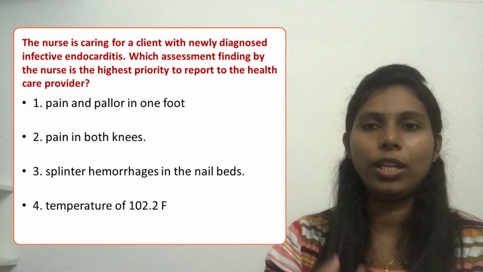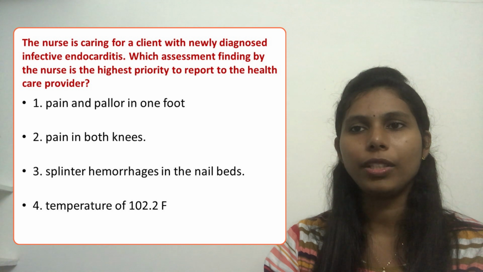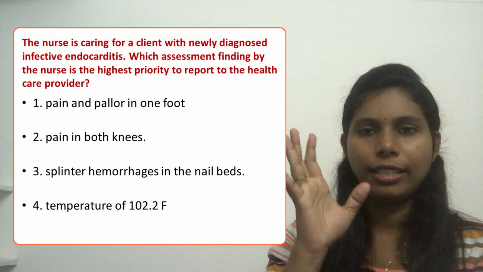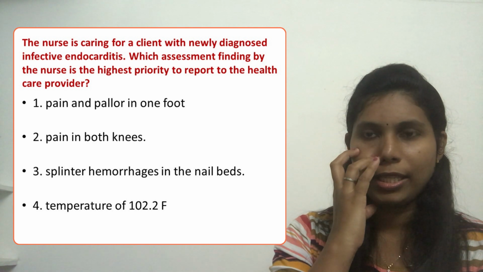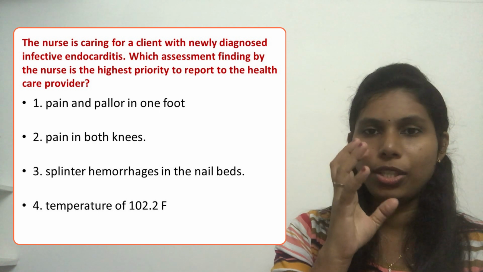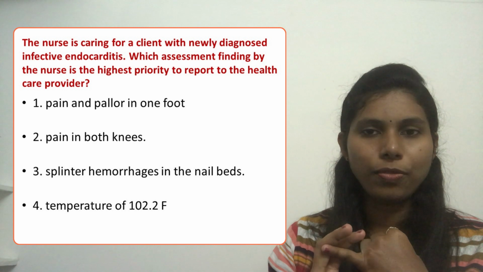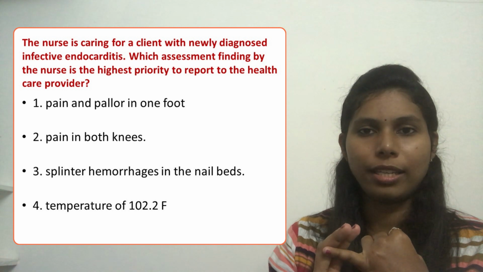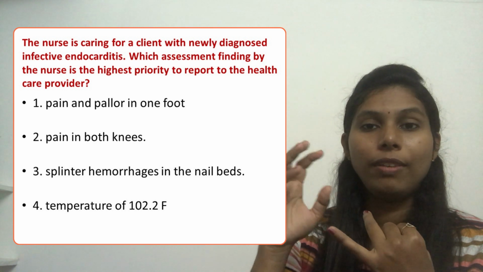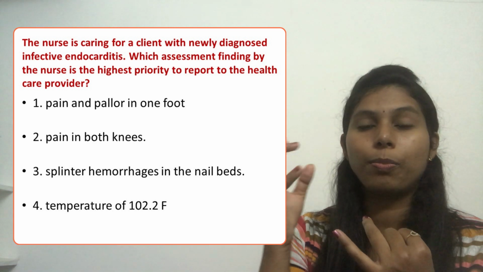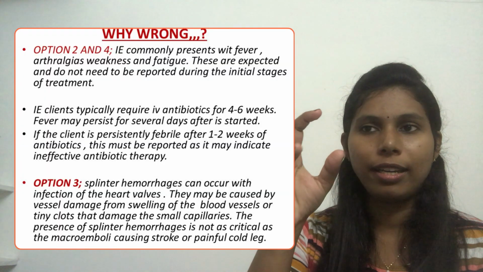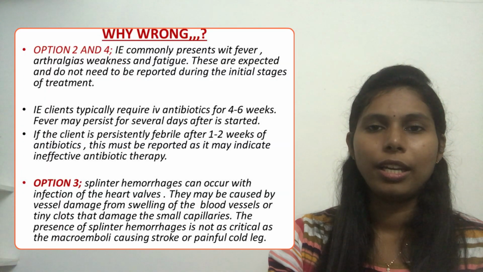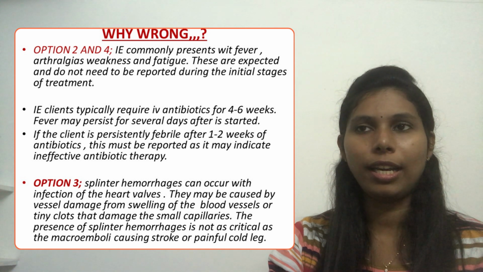We have already studied that a client diagnosed with infective endocarditis has a classic symptom of splinter hemorrhage. We saw that in the picture also. It is because of the problem with the small capillaries. So splinter hemorrhage is an expected clinical feature of infective endocarditis.